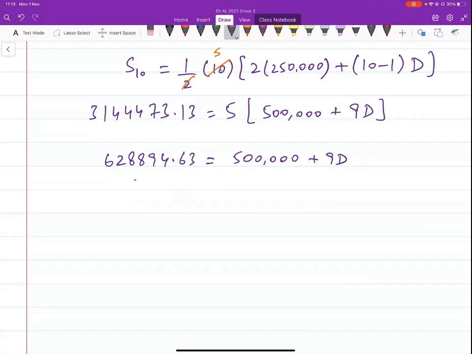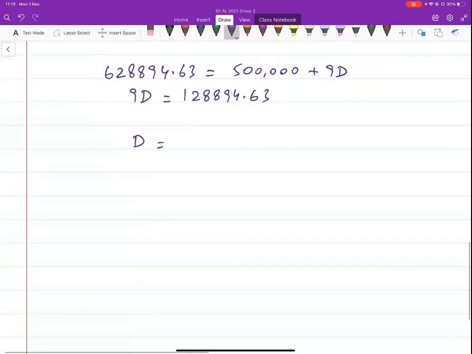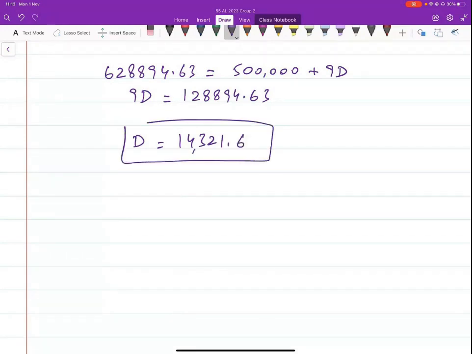Okay, so 9D therefore becomes 500,000 को इससे subtract कर दें. You get 1288894.63 and you get your value of D from there. What do we get? 14321.6. That is the difference that we were looking for.